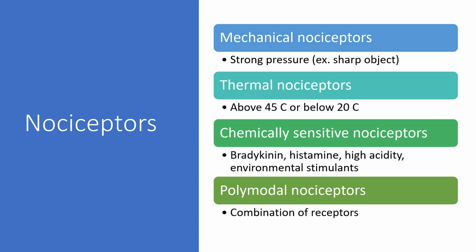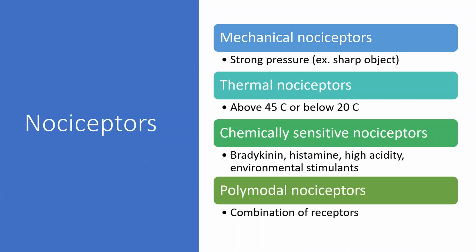Yung cutaneous mechanoreceptors na diniscuss natin kanina, they are myelinated, while your nociceptors are located on unmyelinated dendrites of sensory neurons. So ibig sabihin nun, mas fast yung response ng mga cutaneous mechanoreceptors compared to the nociceptors because of the difference in terms of myelination.